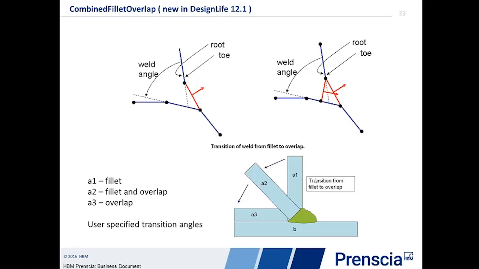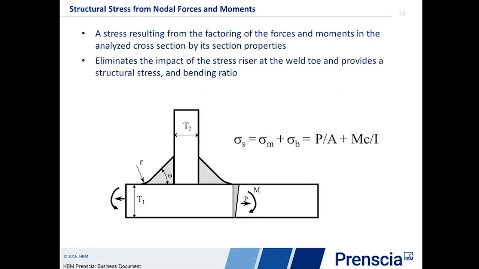Those that are obviously overlap will be solved as an overlap, and those in the intermediate range will be solved for both. We'll give you both configurations and give you the worst case. And again, for large structures, this will reduce the amount of modeling effort significantly, because now we don't have to even try to group our welds into one or the other.